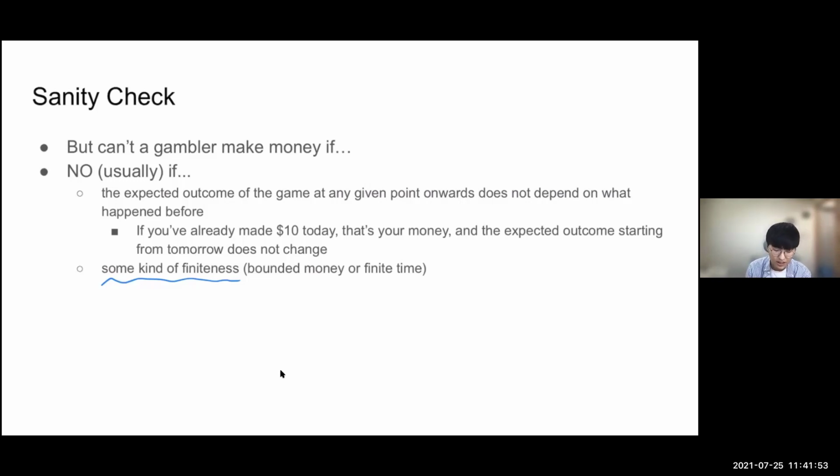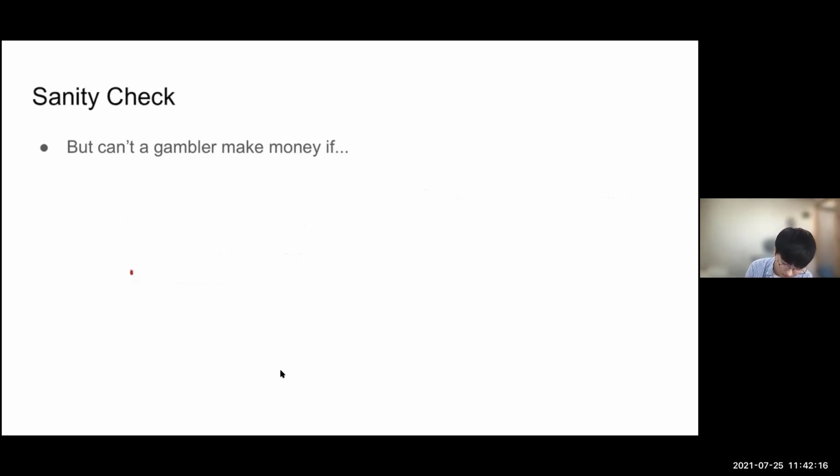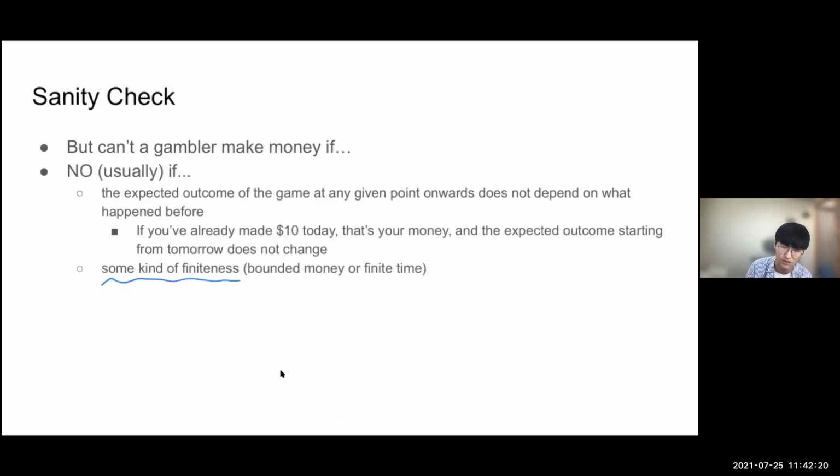So for instance, if you've already made $10 until today, then the expected outcome starting from tomorrow onwards should not change because you already made $10. So the game that I'm applying this point to should satisfy these conditions.